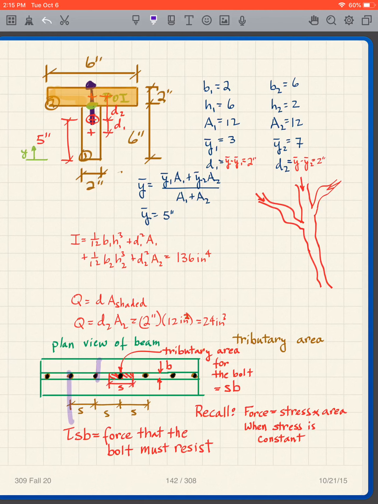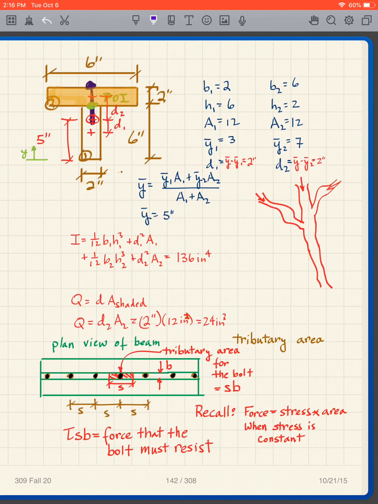Because I'm spacing my bolts at a distance of S, which means the center to center distance is also S. So this tributary area has dimensions of S times B. It's a rectangle, S times B. So that's my tributary area for the bolt.